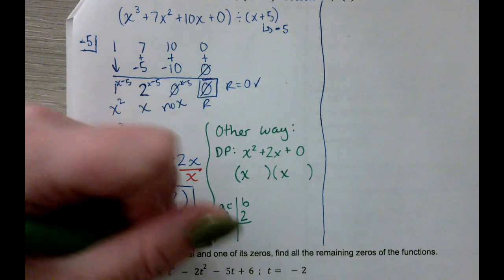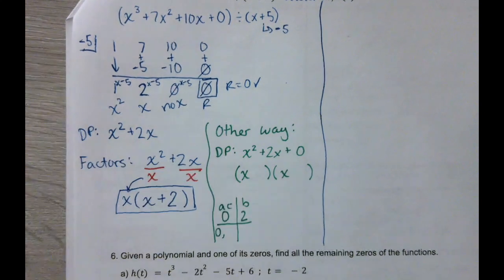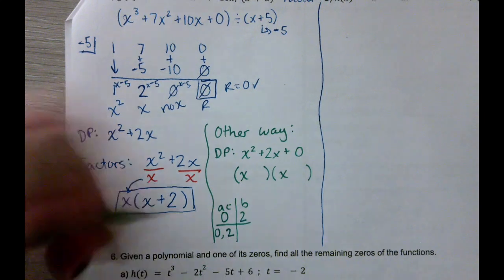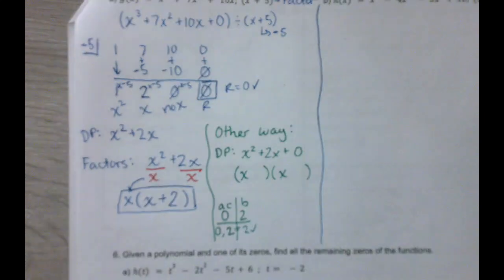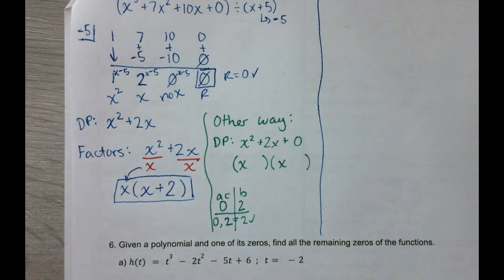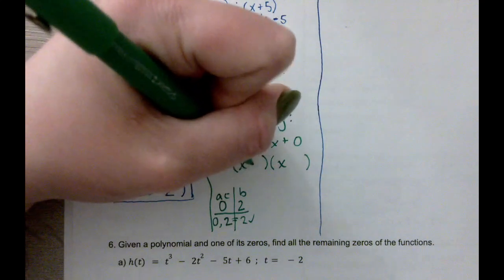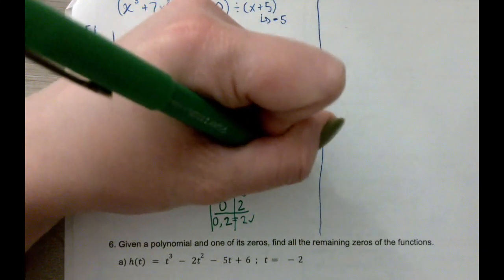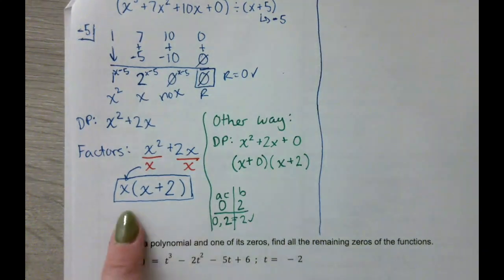Now I know one of those factors has to be 0. The only way I can get a 2 from adding 0 and something is if I have 0 and 2. 0 times 2 is 0. 0 plus 2 is 2 when you add them. So that actually does work. So we have an x plus 0 and then x plus 2, which is what I have here.